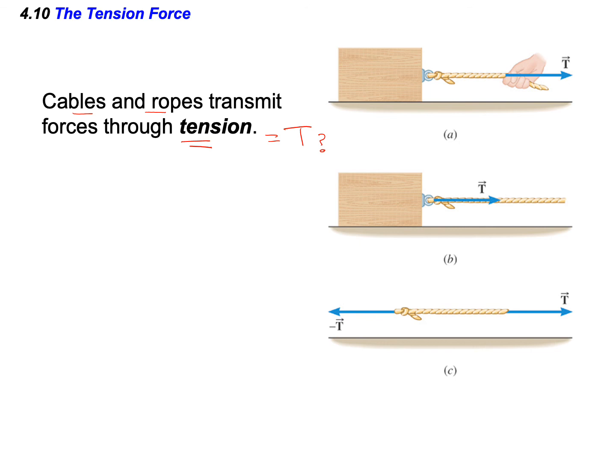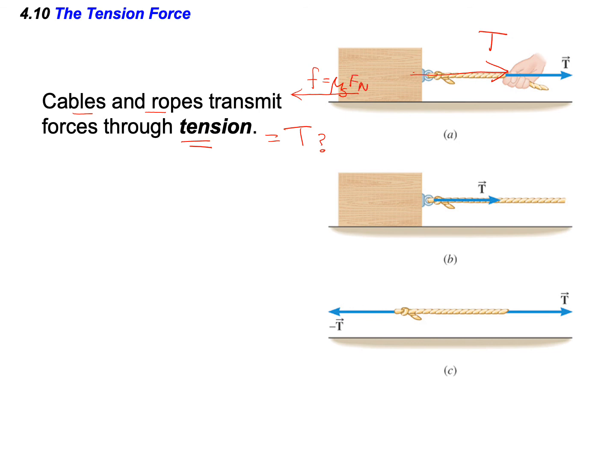So in this first figure, you have a block connected with a rope, and you apply a tension force, uppercase T. If these two surfaces are touching each other, we know there's a friction, lowercase f, which is equal to, if it is not moving, static friction times normal force.